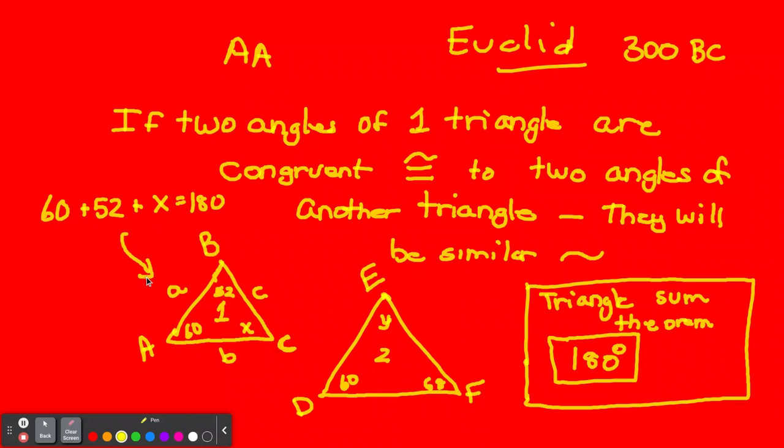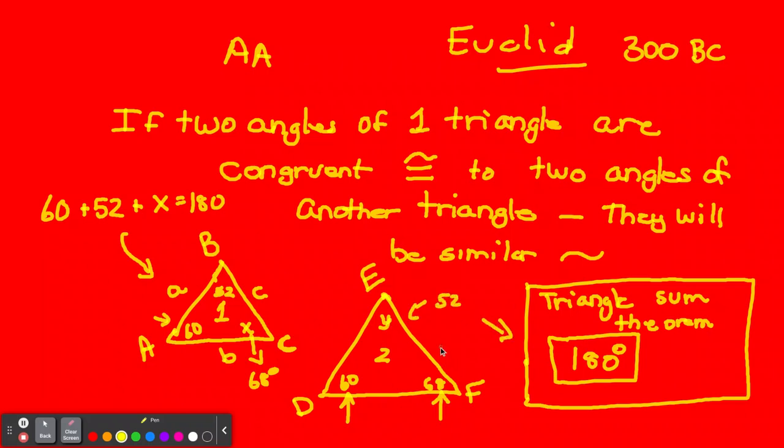What'd you get? You get 68, right? So we know that we have 68, that's 68 degrees. And already we know that there's a 60 here, there's a 68 there, there's a 60 there, there's a 68 there. So we already know that Y has to be 52. This has to be 52 to equal 180.